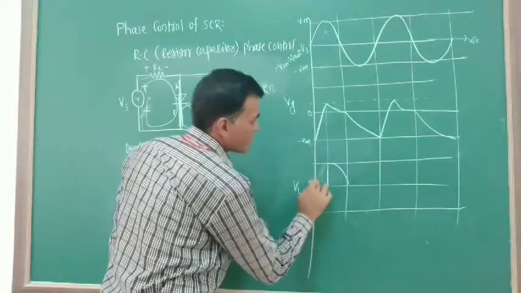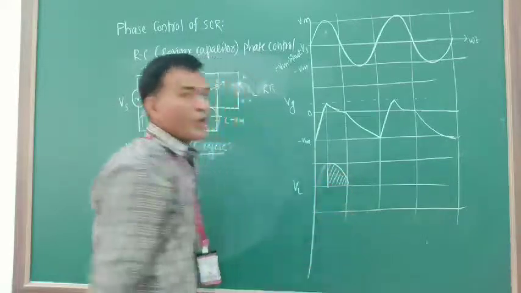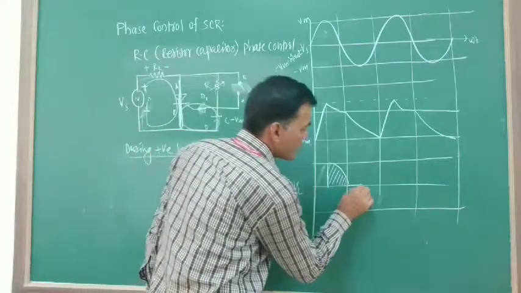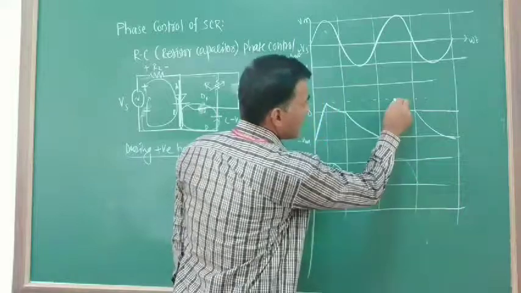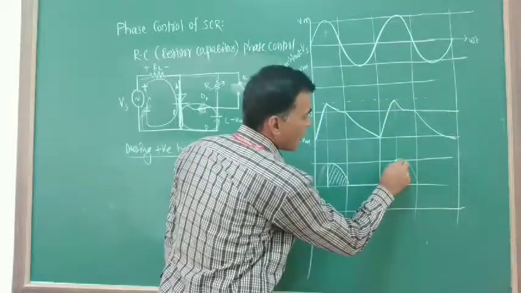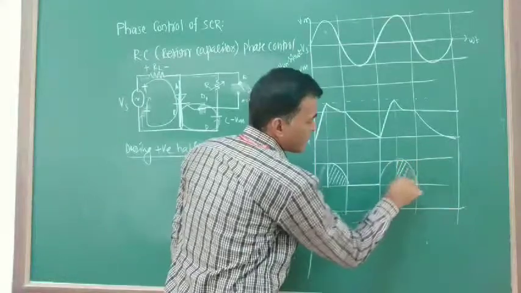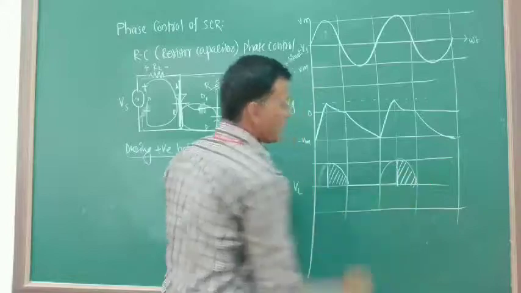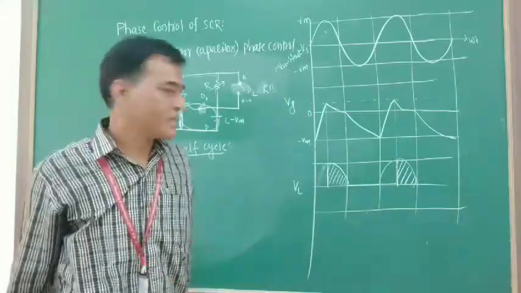So this is the output voltage, which is equal to the input voltage. During the negative half cycle, the SCR is off, hence the output voltage is 0. Again during the positive half cycle, the SCR is turned on, hence you get the output voltage something like this. So this hashed portion is nothing but the nature of the output voltage.